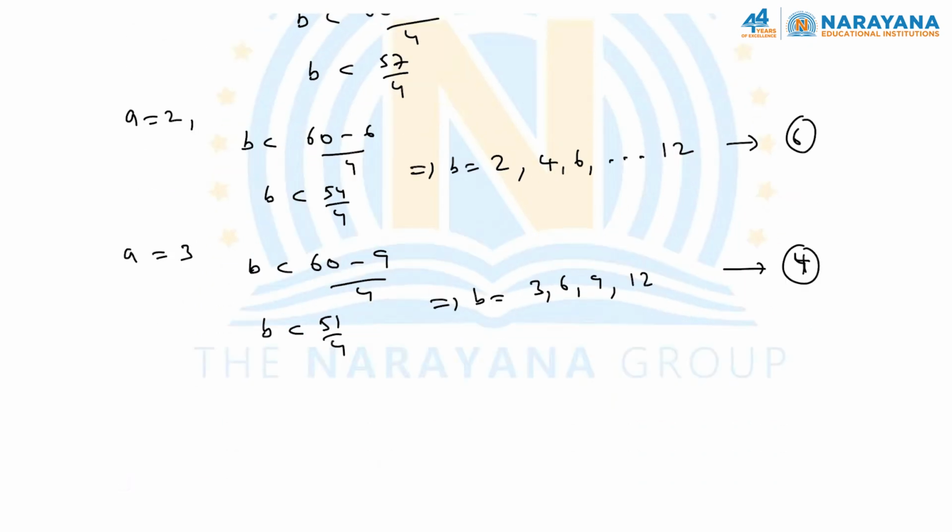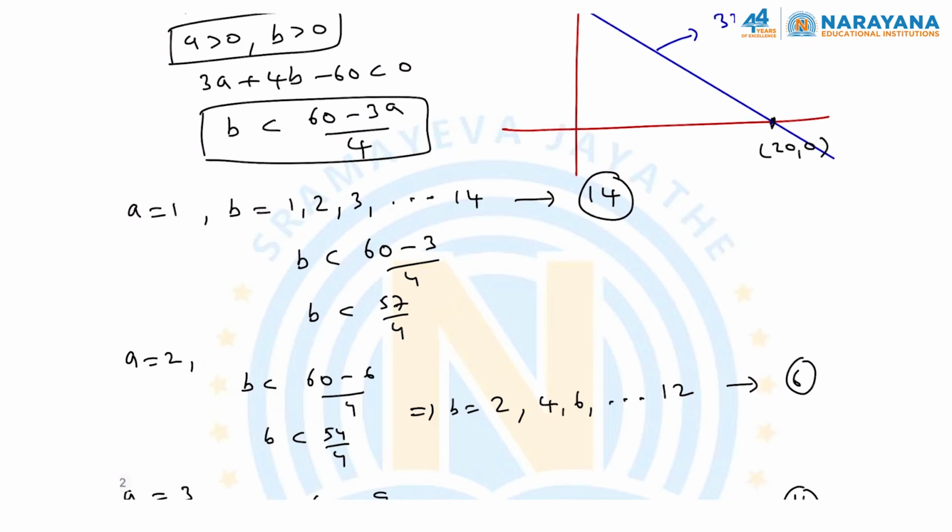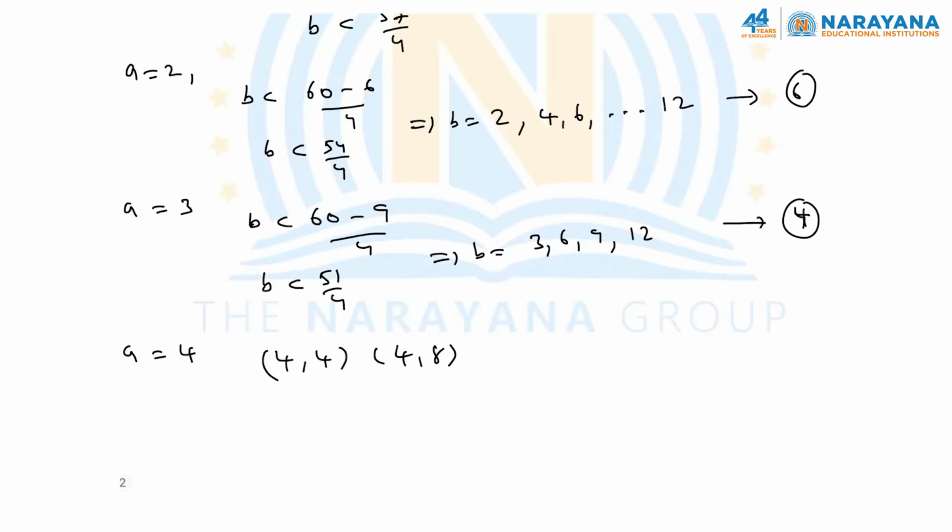Then similarly, if I am taking a equal to 4, I'll get only 2 values, 4 comma 4 and 4 comma 8, since b is less than (60 minus 4 into 3, that is 12) divided by 4. Similarly, if I am taking a equal to 5, I'll get 5 comma 5 and 5 comma 10.